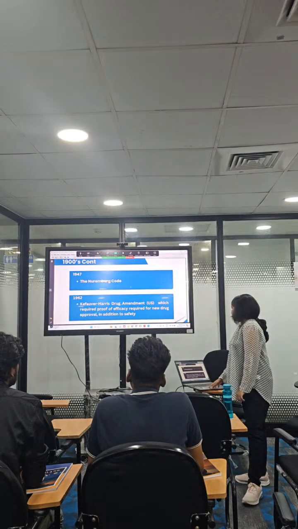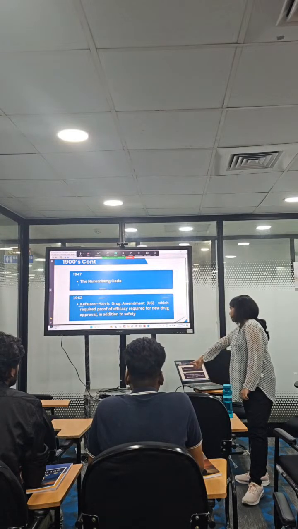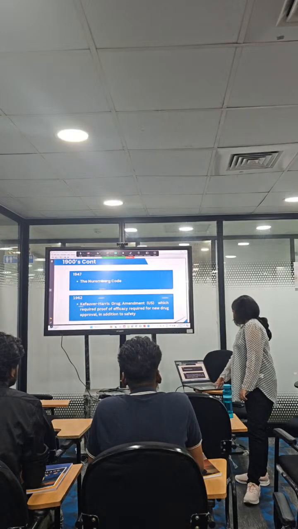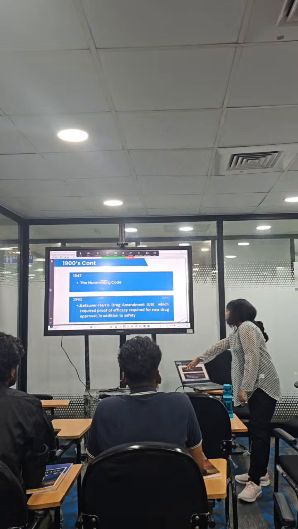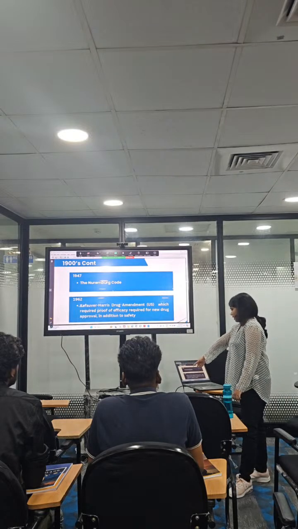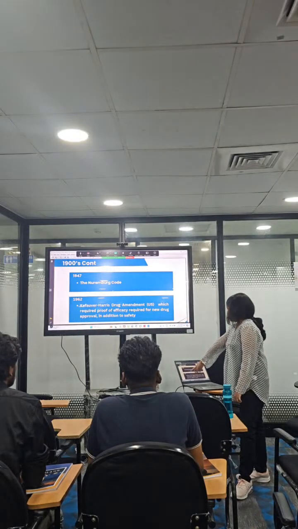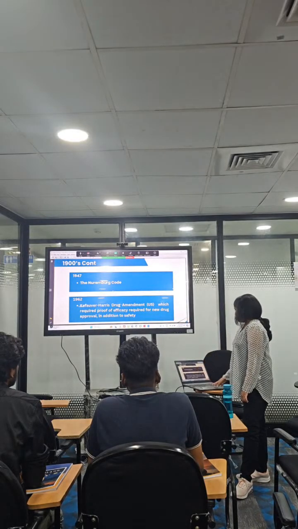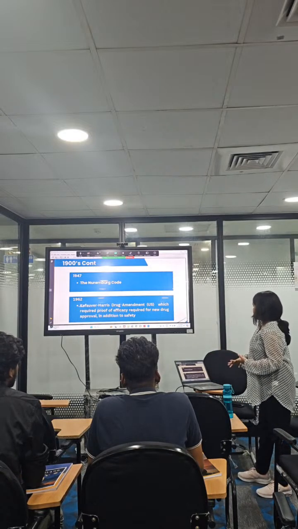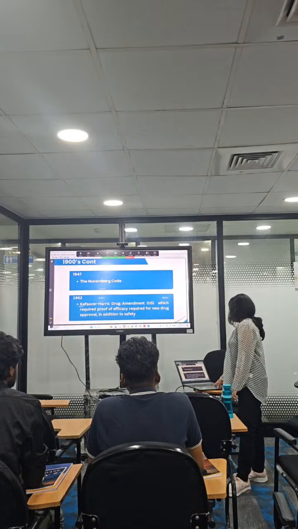This is the code given in 1947 for trials, which they implemented, and going forward I'll explain what it is. And in 1962, the Kefauver-Harris Drug Amendment required proof of efficacy for new drug approval in addition to safety.